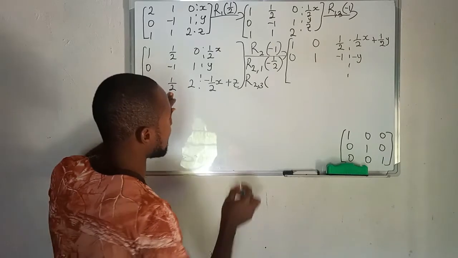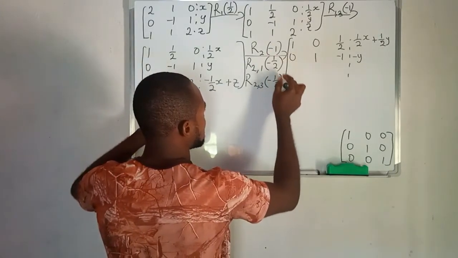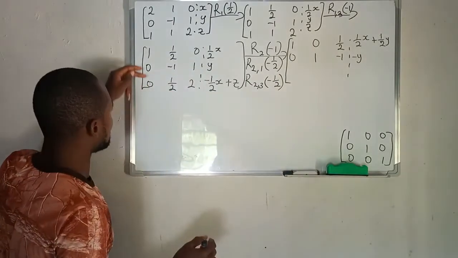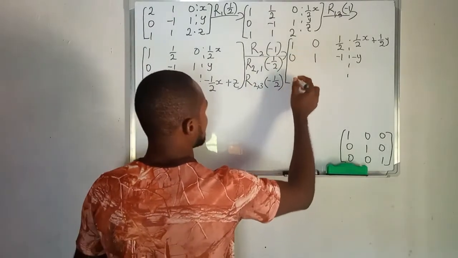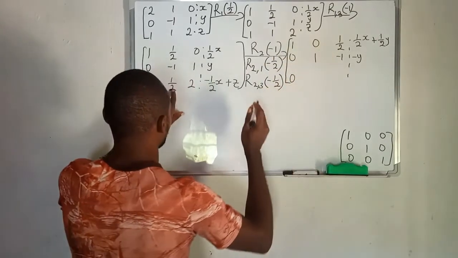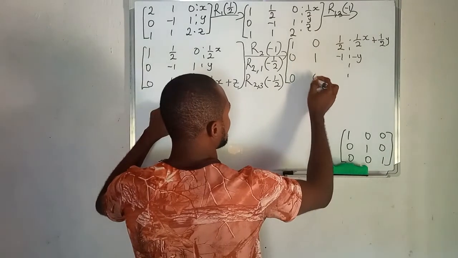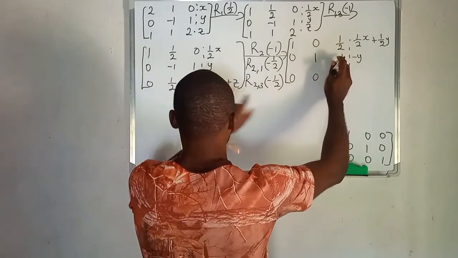Right here we'll still have half, so we are going to multiply with the negative half. So we multiply this with 0, and we'll have 0 plus 0, we'll have 0 here. Multiply this with 1, we have minus half plus half, we have 0 here. Then we'll multiply this with minus half, we have half.